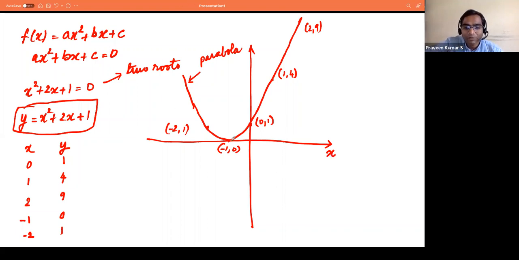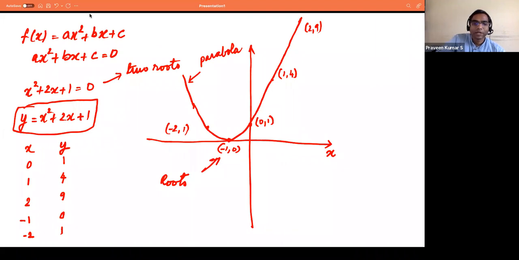In this case, it is just cutting at one point. The places where the x-axis cuts this graph are called the roots. So in this case, the roots are equal.